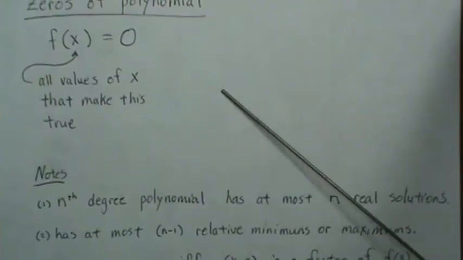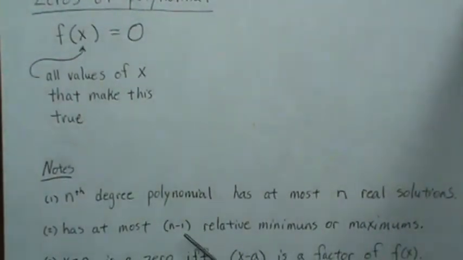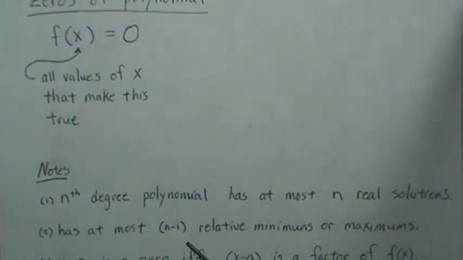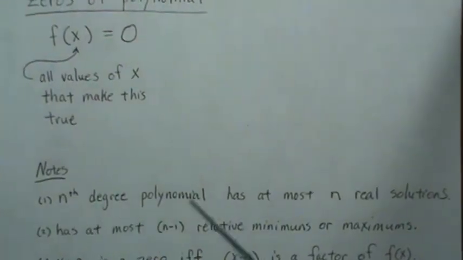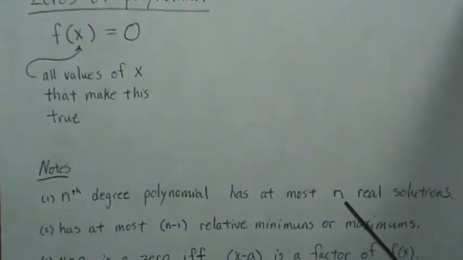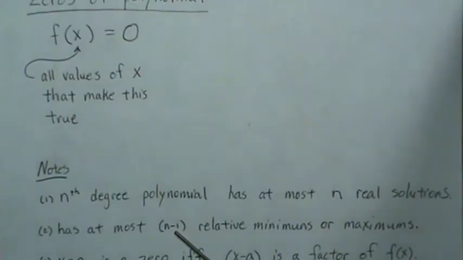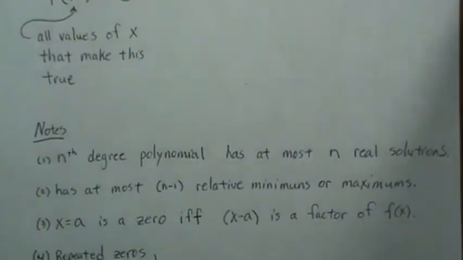If your graph goes up and then down, there are two humps, which means two relative extrema. So a fifth degree polynomial crosses the x-axis at most 5 times, has at most 5 zeros, and has at most 4 relative extrema, or 4 humps.